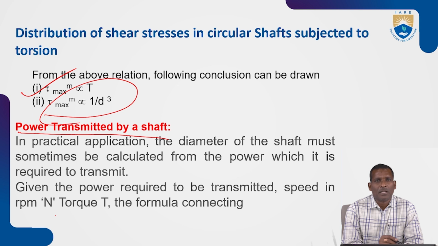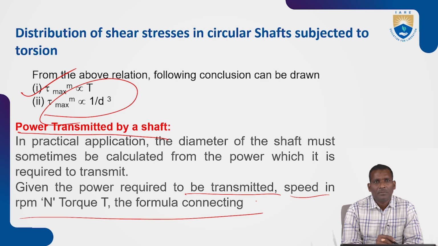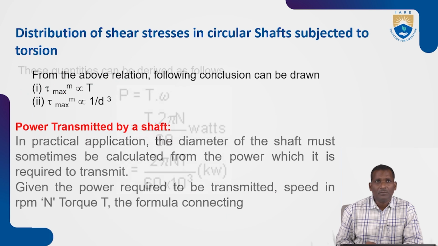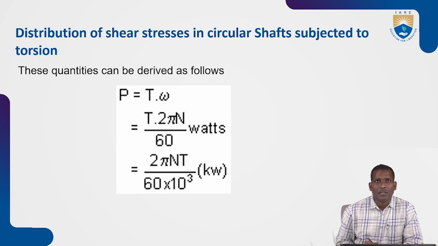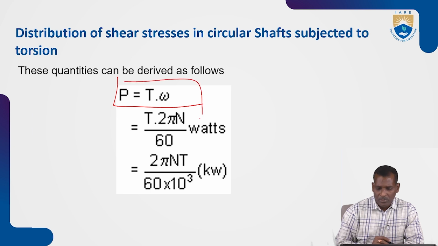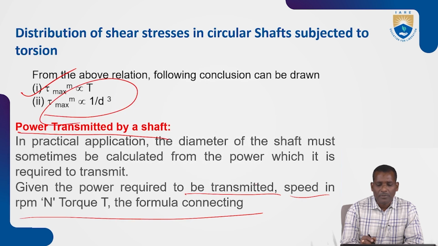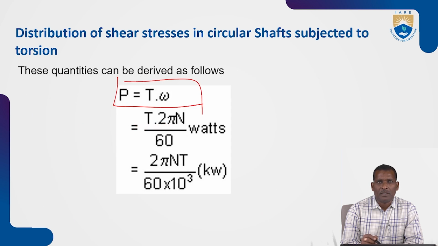So given the power required to be transmitted, the speed N and torque T, the formula connecting these quantities can be derived. And the formula is power equal to T into omega, where N is the speed and T is the torque.